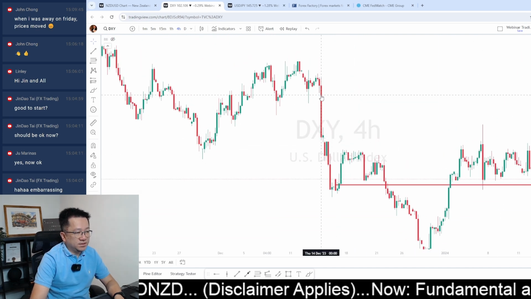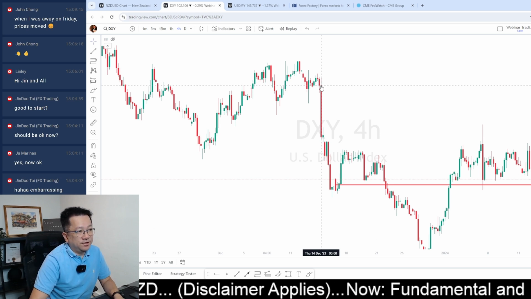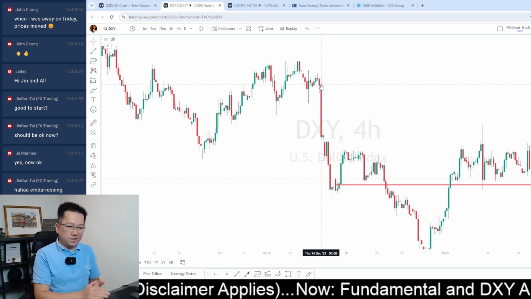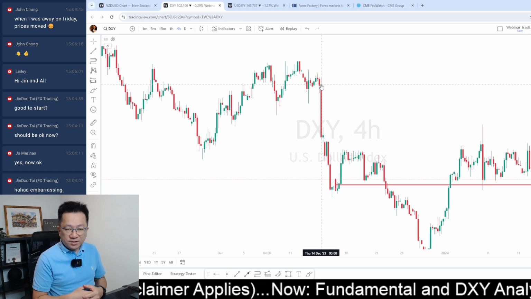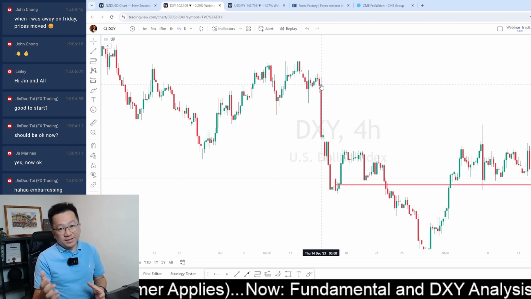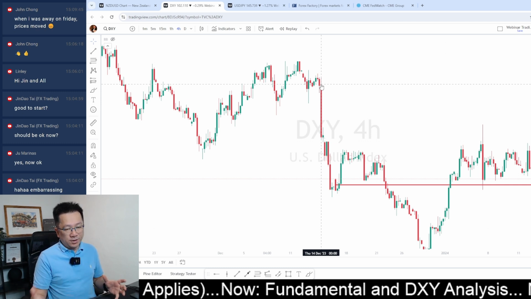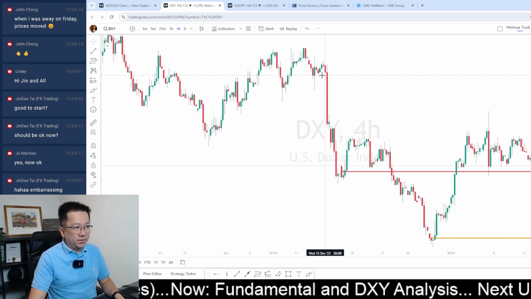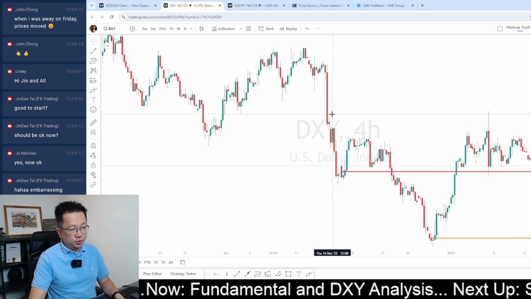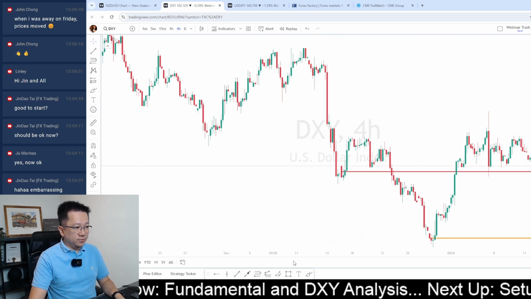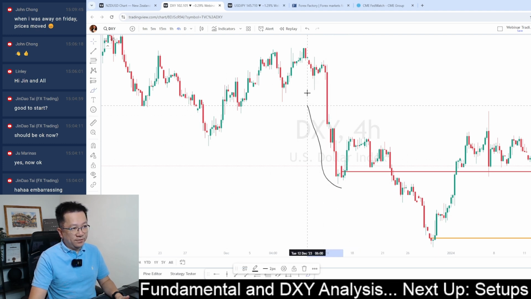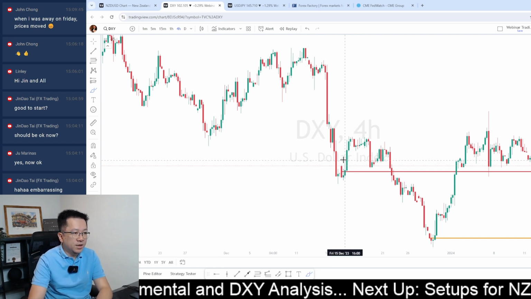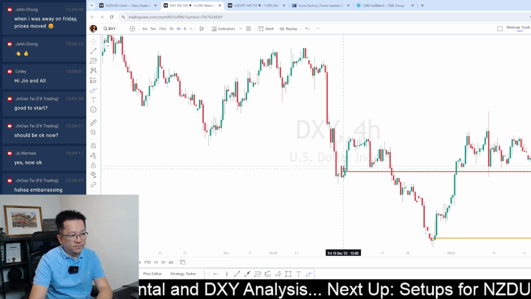So this December 14th last year was when there was a very big speculation that the Fed Reserve could look to cut rates early next year, like in March 2024. That's why we saw the dollar index push strongly to the downside, as there was speculation that the Fed Reserve could cut rates early in the year, right? And then it came down to that 102 level by the 15th.